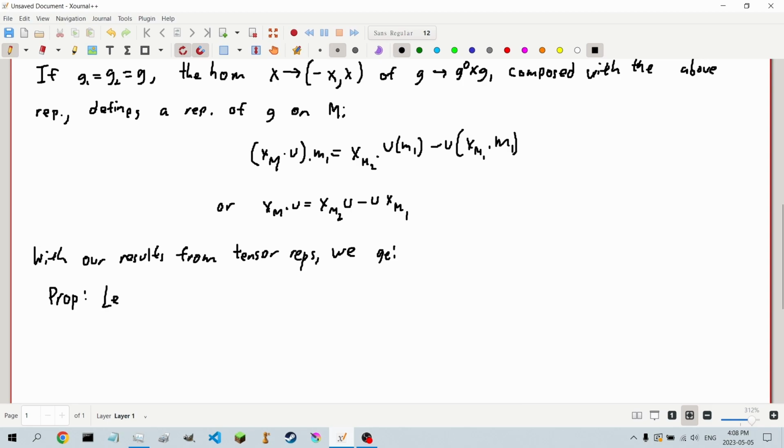I'm going to let G be a Lie algebra over K. And we're going to let Mi indexed from 1 to n plus 1 be G modules.